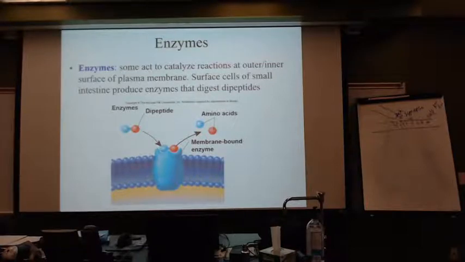So this means they do not have to be present in huge amounts. Proteins can continue to do the same job over and over and over, so that the cell doesn't need to keep, because wait a minute, how are these proteins in this plasma membrane getting made?